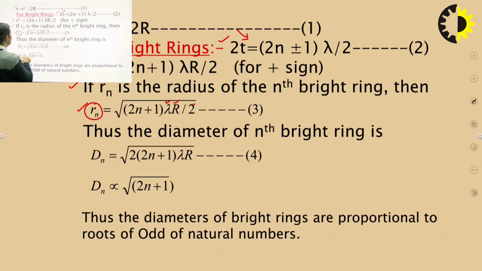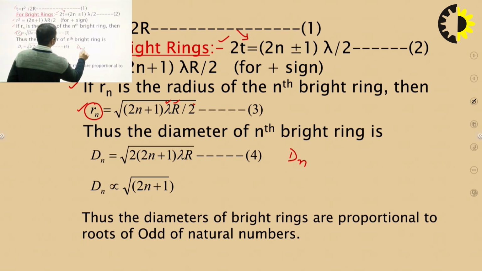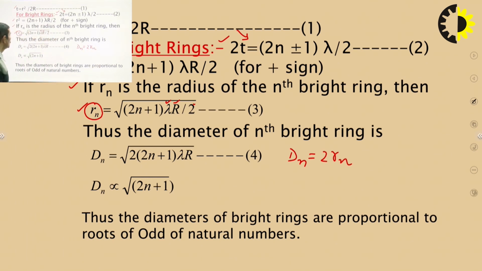So if you find the diameter, then if dn is the diameter of the nth bright ring, it will be twice the radius of that ring. So the diameter of the nth bright ring will be equal to root 2 into (2n plus 1) into lambda R basically, or dn is proportional to root of (2n plus 1).